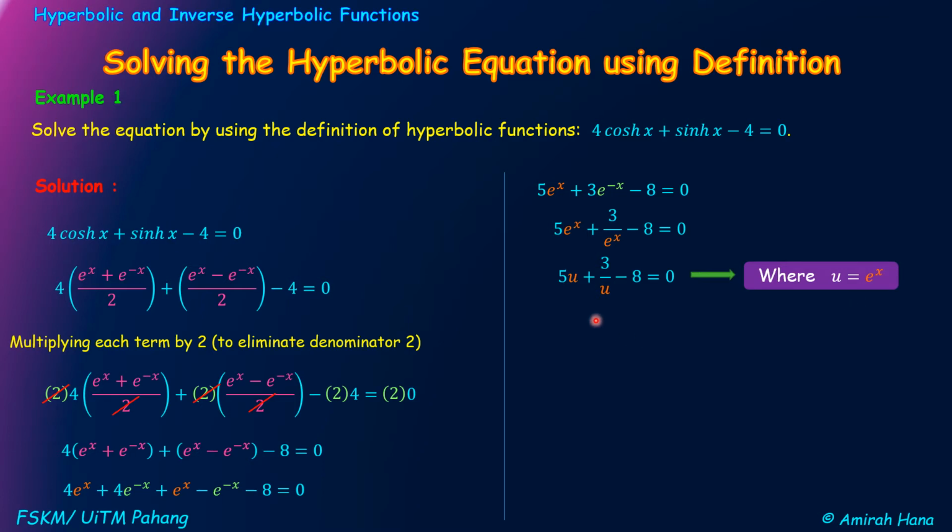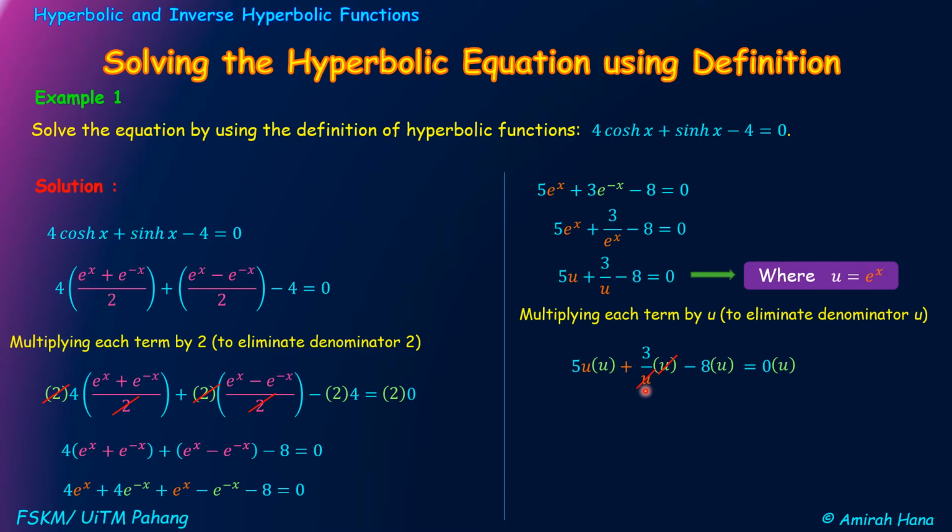From here, we want to eliminate the denominator u, so we multiply each term by u. From 5u plus 3 over u minus 8 equals 0, we multiply each of the 4 terms by u.